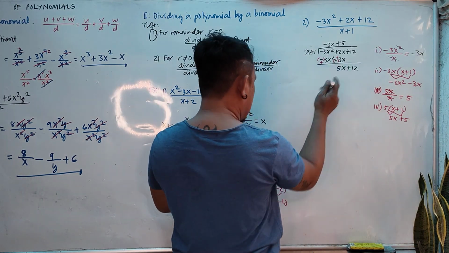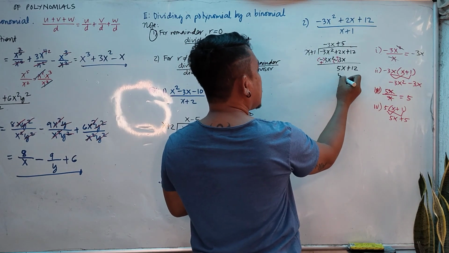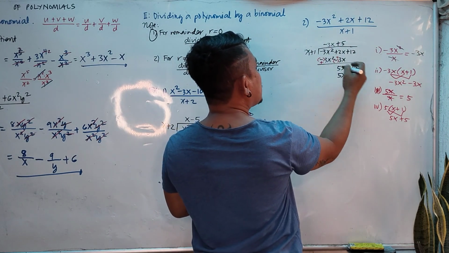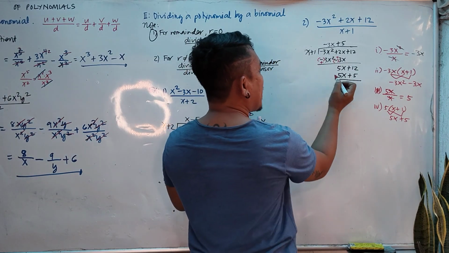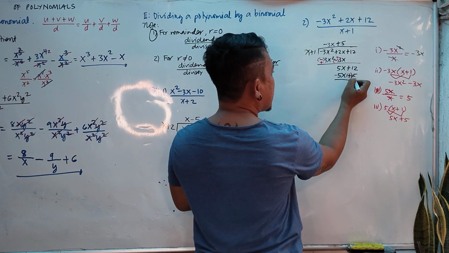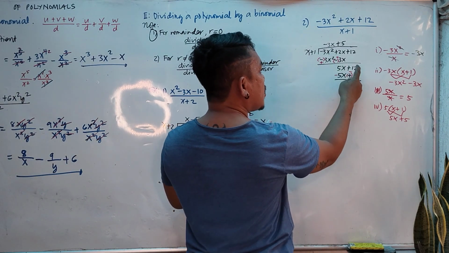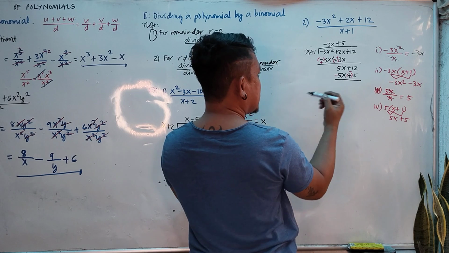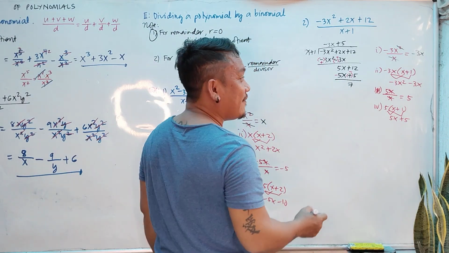So, we write 5 times x, 5x. 5 times 1 is 5. It becomes minus, so 5 minus 5, 0. 12 minus 5 is 7. So, that is the remainder, 7.